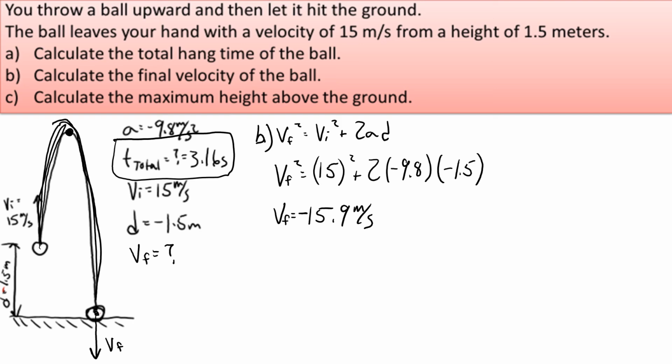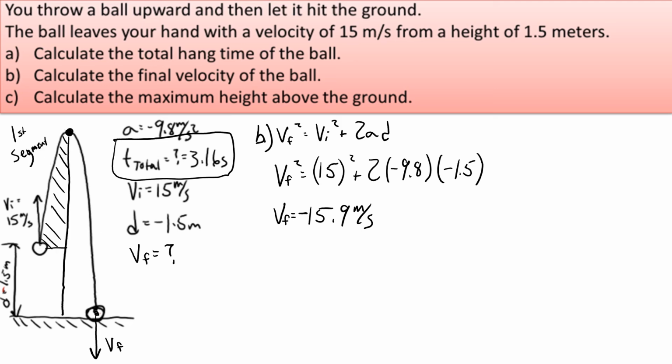And that's why I call it the first segment. The first segment right there, and the second segment. So you have a choice now. Do you want to look at the first segment or the second segment? It depends on what information you have. It's going to be different every single time.